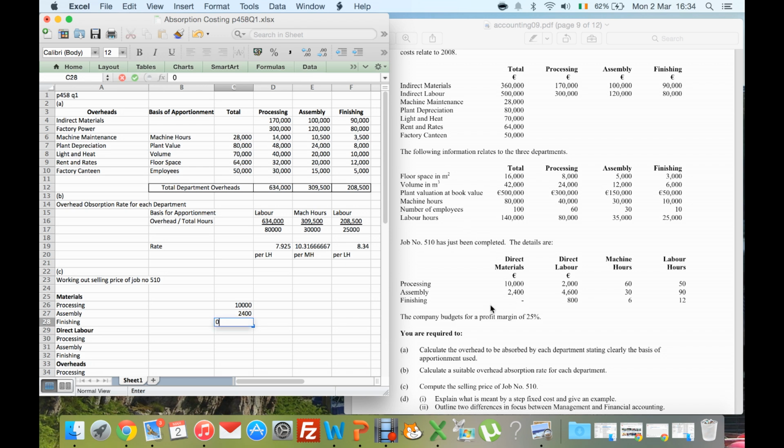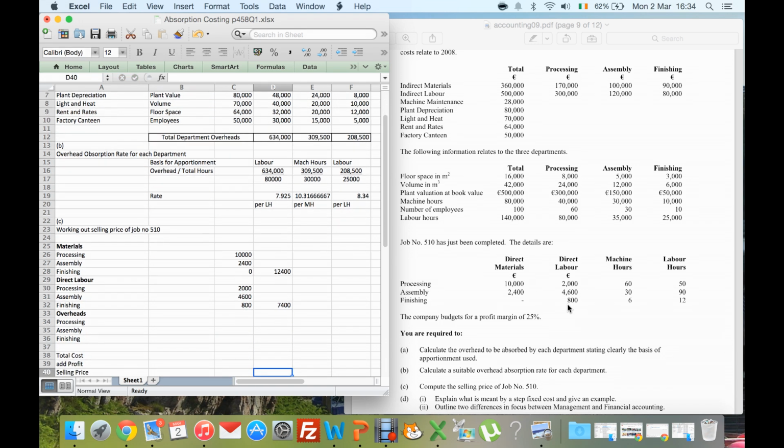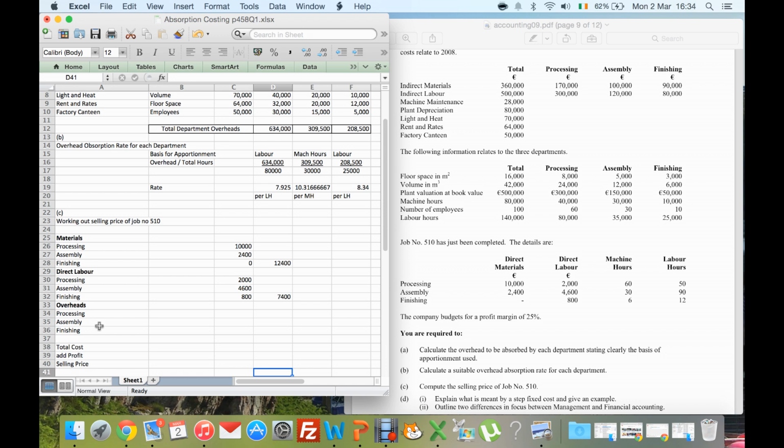And then direct labour, 2,046 and 800. Okay, so this is where we start to come to the tricky bit, the overheads.